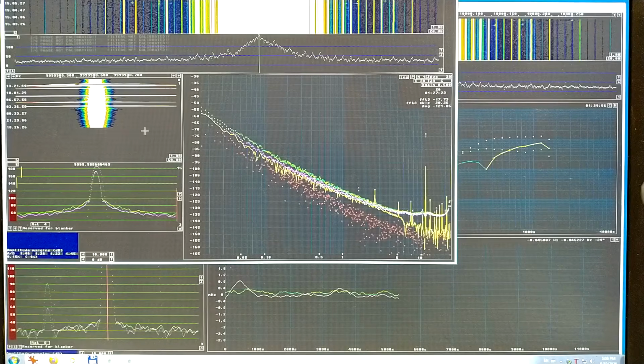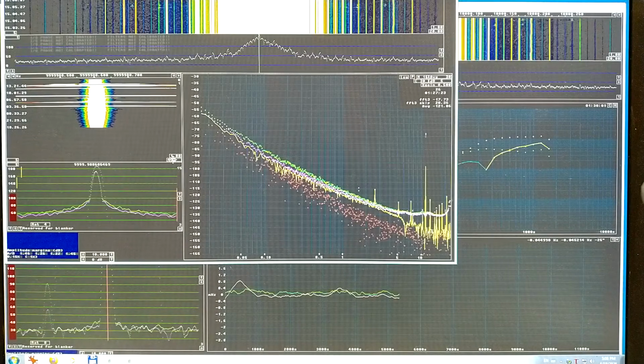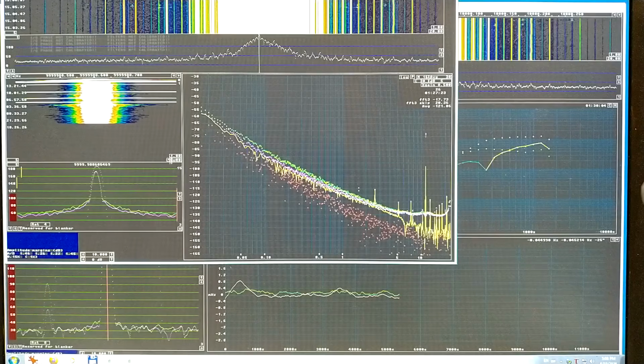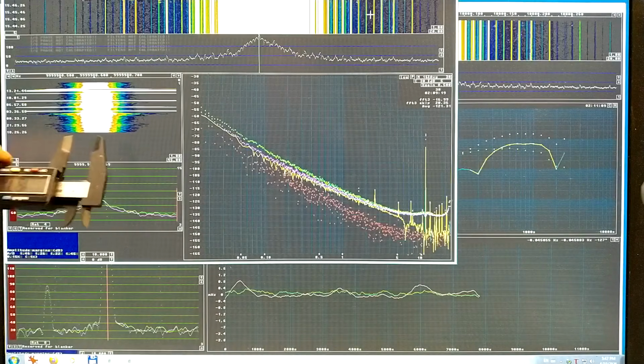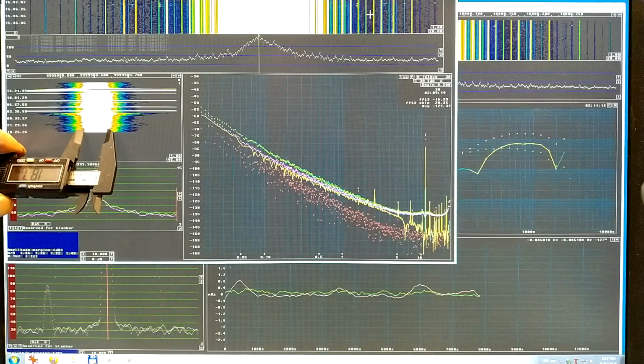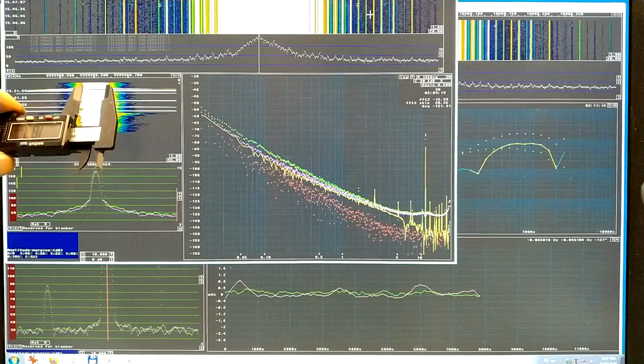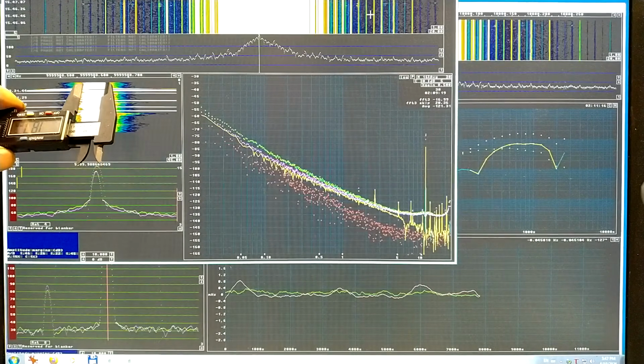Up here I can change the color scale by 5 decibels, from 50 to 45. And then it takes some time before it refreshes up here. I can look here and compare with this.